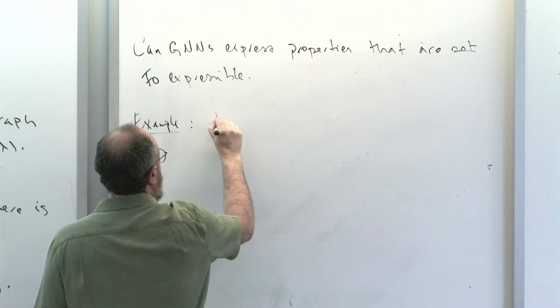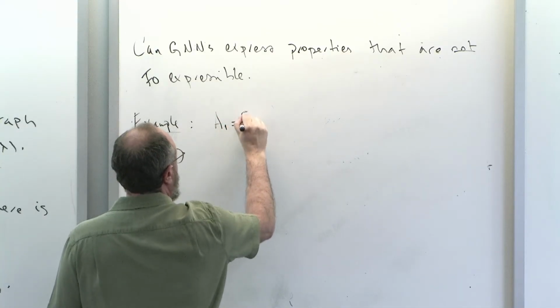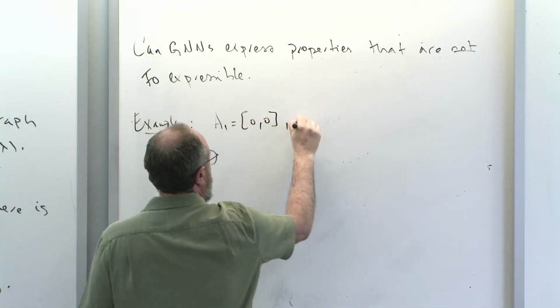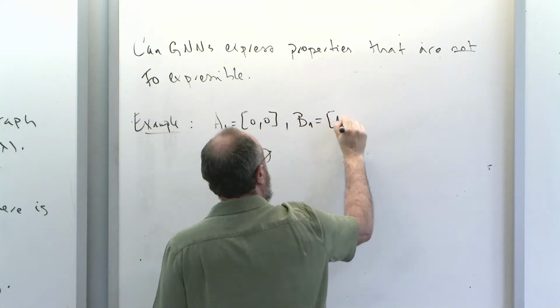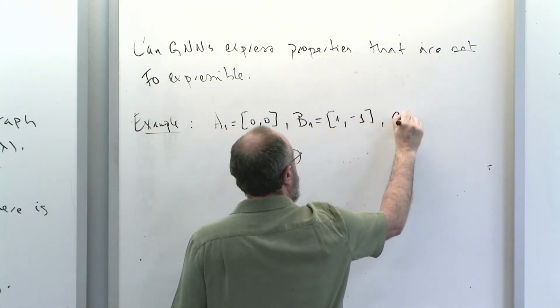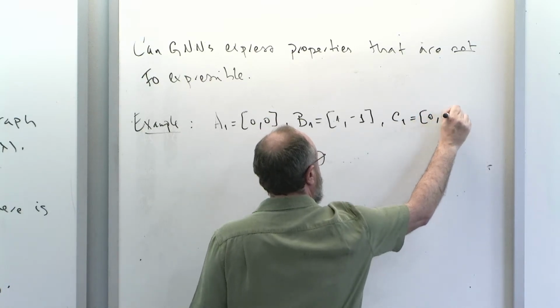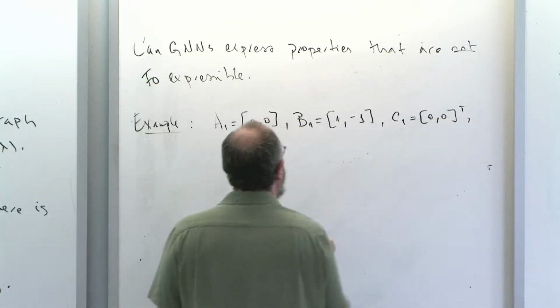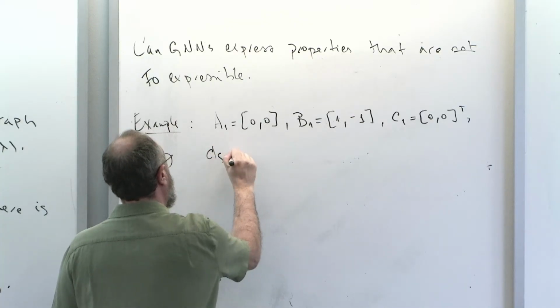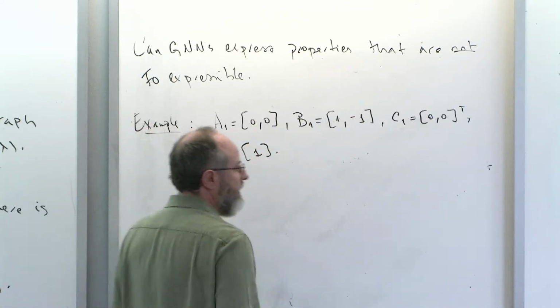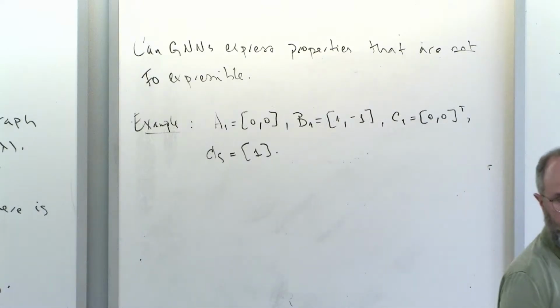So let's take A1 to be this matrix, 0, 0, B1 to be 1 minus 1, C1 to be 0, 0 transpose, and the classification vector will just be 1. So this is a single layer GNN. Sigma can be any of those. And what is this GNN doing?